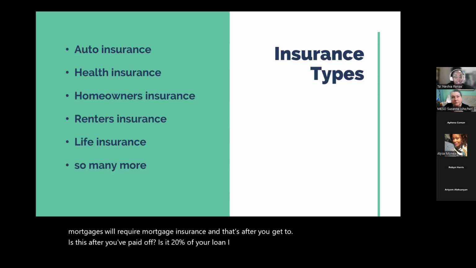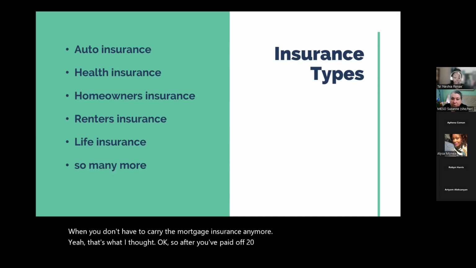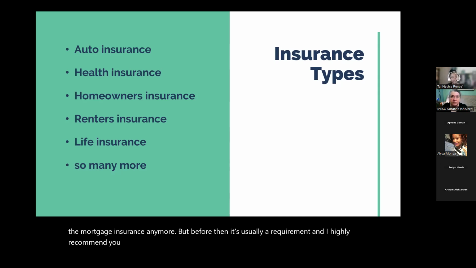What is it when you don't have to carry the mortgage insurance anymore? 20% is accurate. Yeah, that's what I thought. So after you've paid off 20%, you don't have to carry the mortgage insurance anymore. But before then, it's usually a requirement. And I highly recommend you meet with a HUD housing counselor if you're going to be purchasing. They can help you with all of that as well.